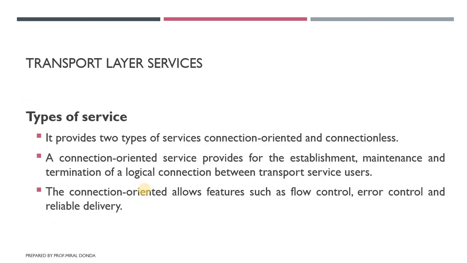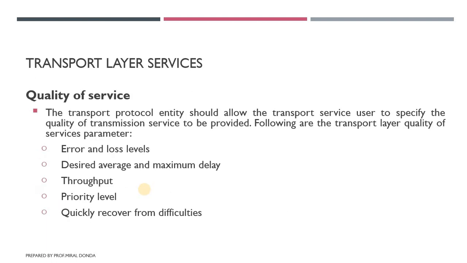Types of service are connectionless and connection-oriented. The transport layer provides both types of services. In the connection-oriented, connection establishment, maintenance, and termination is maintained, while in the connectionless, error control, flow control, and reliable delivery are provided.